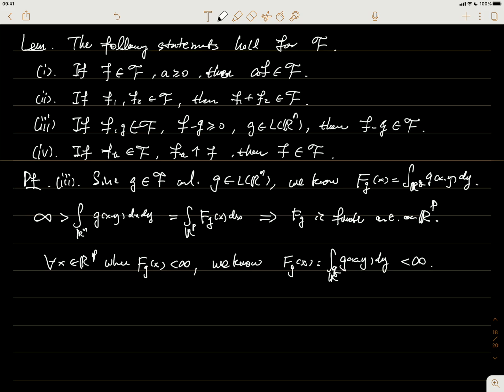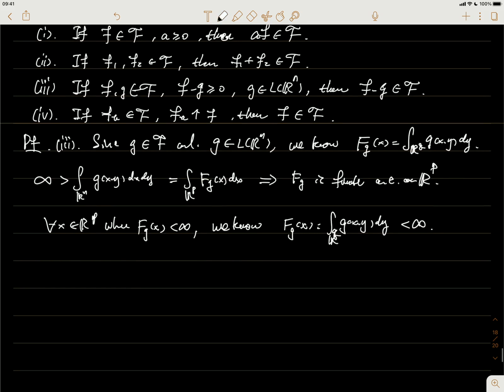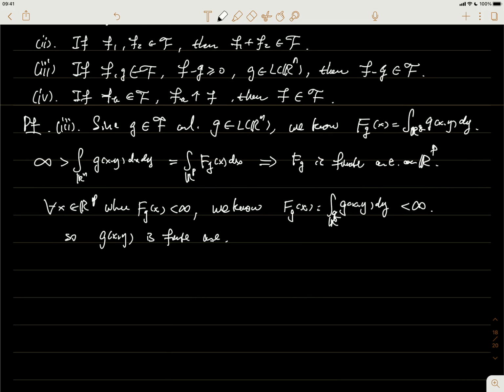Remember that for each x, g of x, y is a measurable function of y, and it's non-negative apparently, and its integral is bounded, which means that as a function of y it must be finite almost everywhere, right? So g of x, y is finite almost everywhere. Okay, altogether that means that g of x, y is finite almost everywhere on Rn.